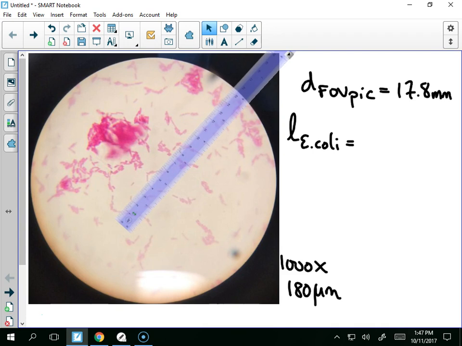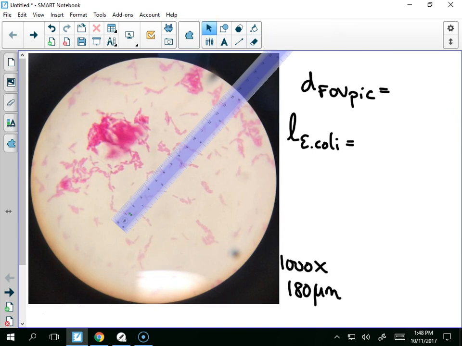Let's get a parallel angle there. And then on this ruler, it's got almost 4 ticks long. Say 4.5 millimeters. Oh, sorry, that was 17.4 centimeters.